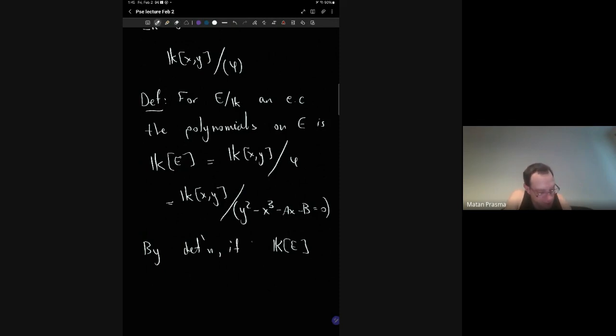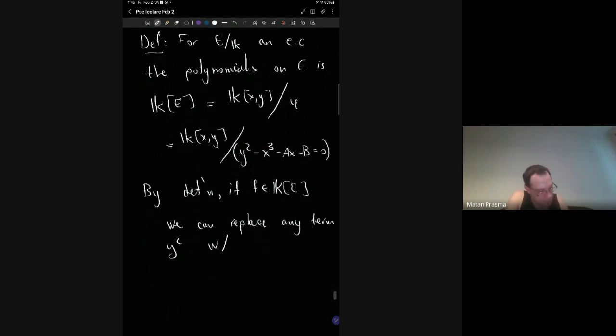So if f is a polynomial in k of E, we can replace any term y squared with x cubed plus ax plus b.